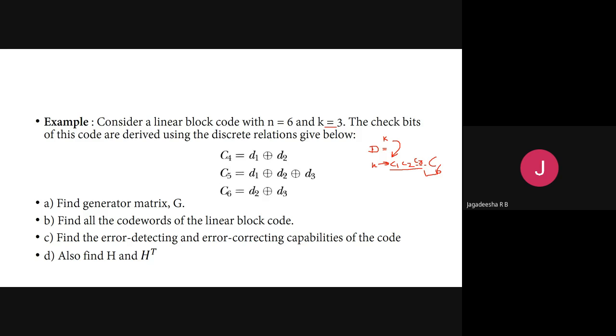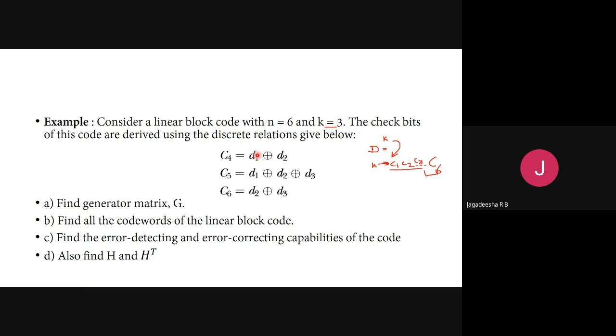Sorry, they are the check bits. So how to generate those check bits, C4, C5, C6? That is given here. You need to do some mathematical operation. D1 is the first data bit, D2 the second data bit, and D3 the third data bit, and so on. So using that, how can you generate C4, C5, C6?